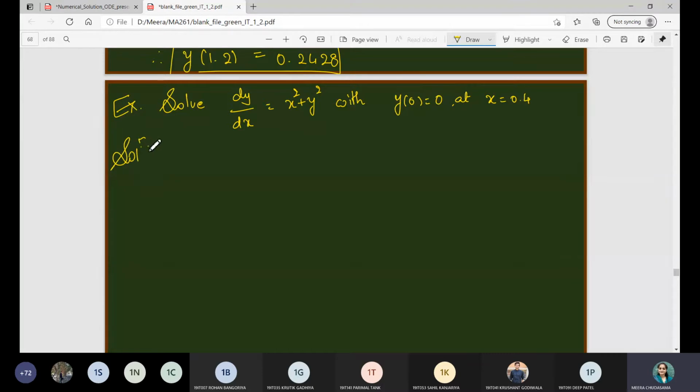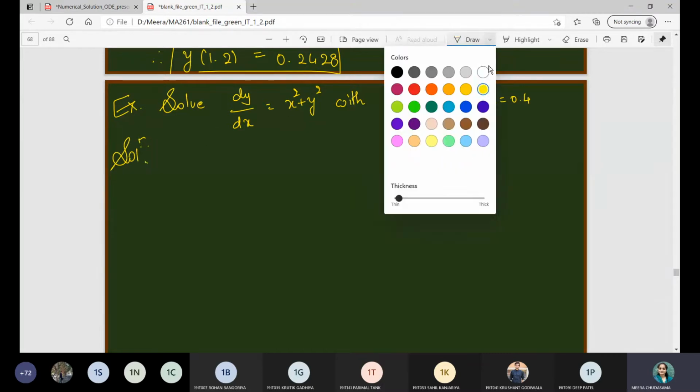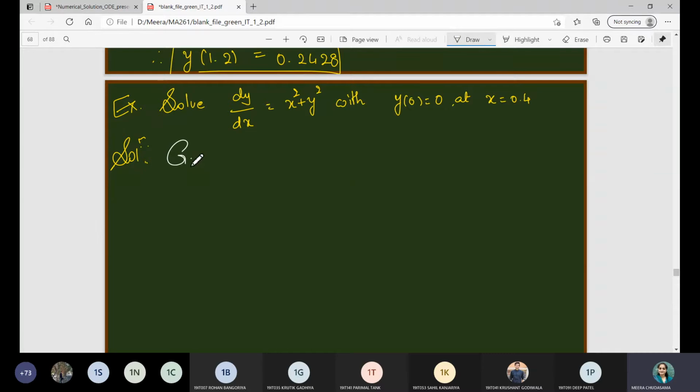So what are the given quantities? Let us start solving it. First we will note down the given quantities. The function we are given is dy by dx is equal to x square plus y square. If you remember the notation, y0 is nothing but y at x0.